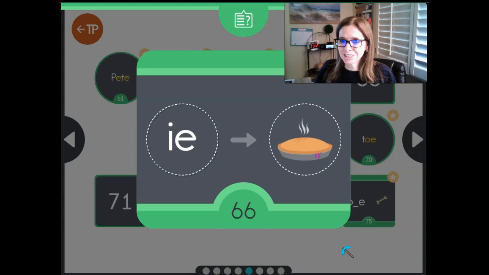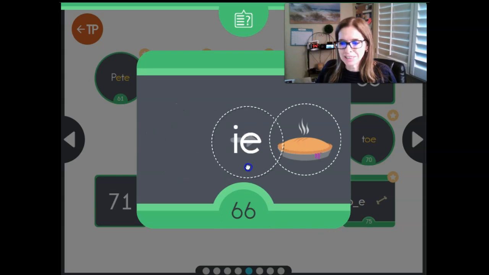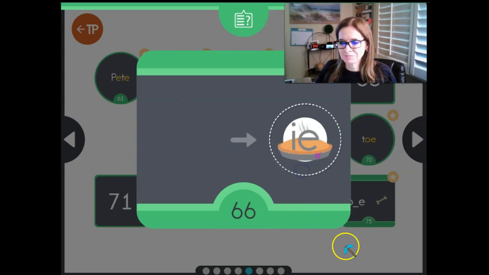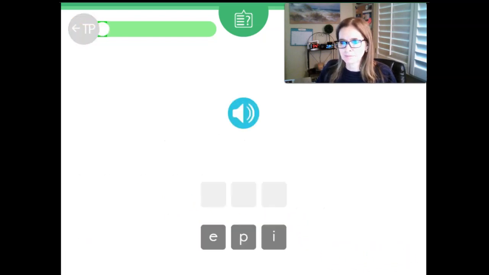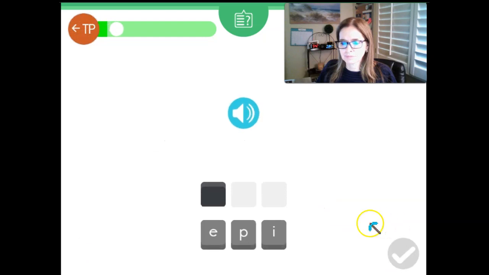Because we want to make a connection to what we just reviewed, we're going to look at another sound and its spelling. Let's begin. I, as in pie. I notice once again, this is a two-letter spelling for the sound, and the sound is I, as in pie.